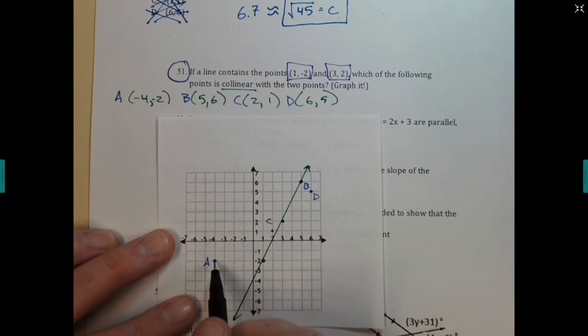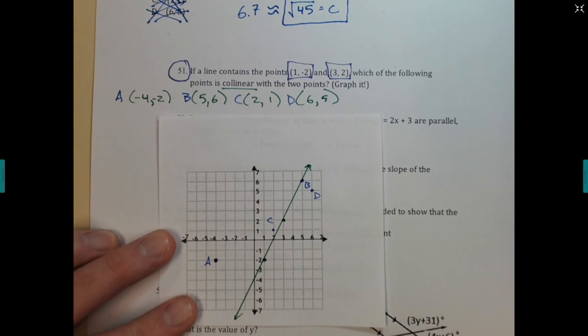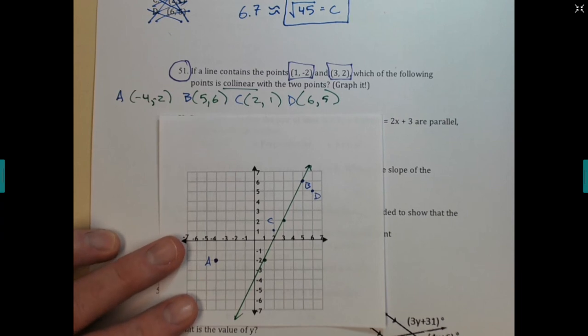Do you see point A over here? Yeah. Do you know what collinear means, Ryan? Not fully sure. So what do you think linear means? Like in a line. Yeah. Co just means together on a line.